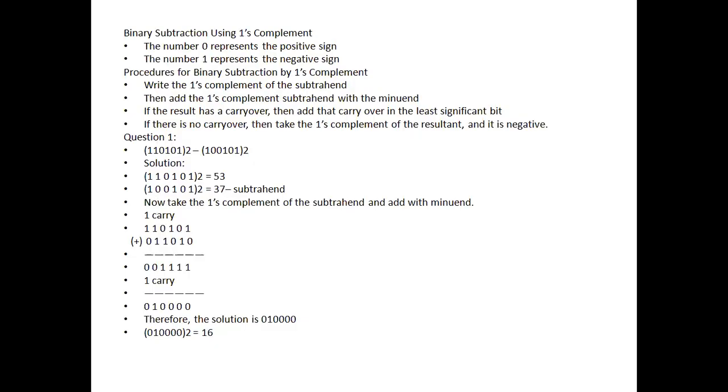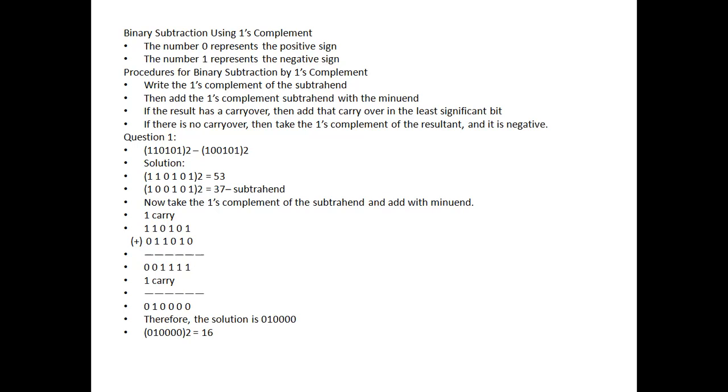So next we discuss binary subtraction using one's complement. In binary subtraction, they follow procedures. The first step is to write the one's complement of the subtrahend, that is, take the one's complement of the given binary number.